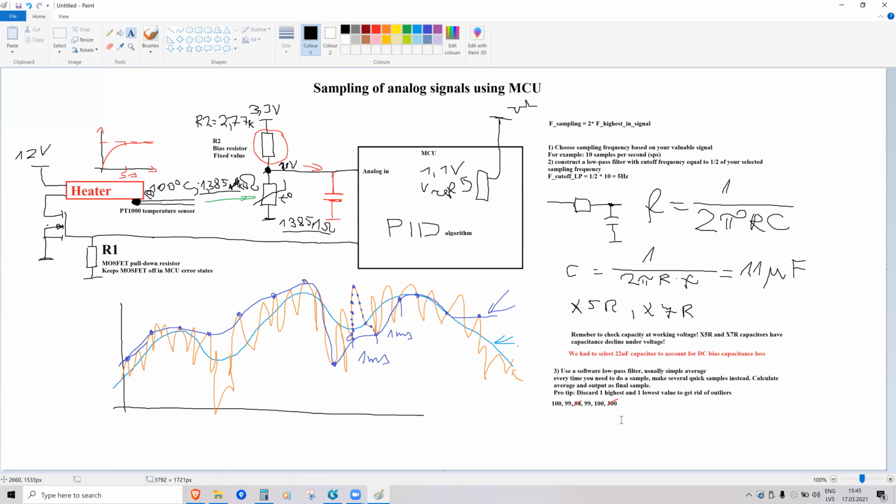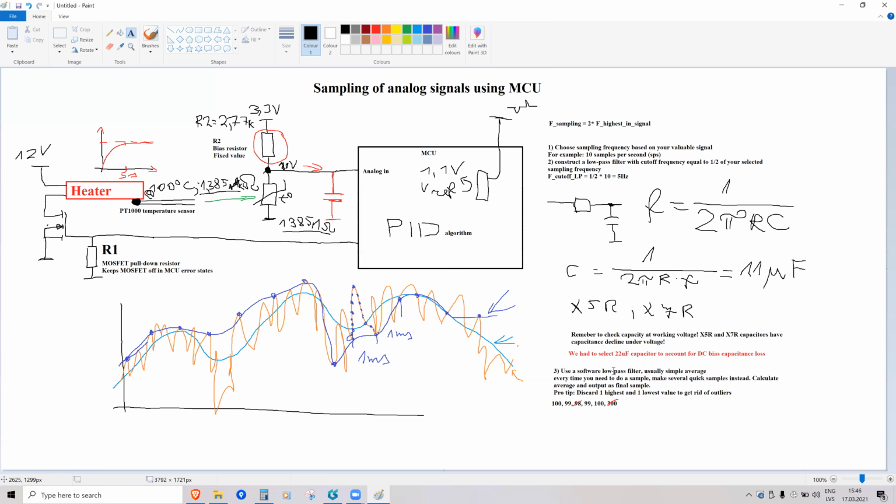So this is why it's important to filter these signals properly. And this is how it's usually done. Low pass filter and oversampling and discarding some outliers and averaging, and that's basically it.